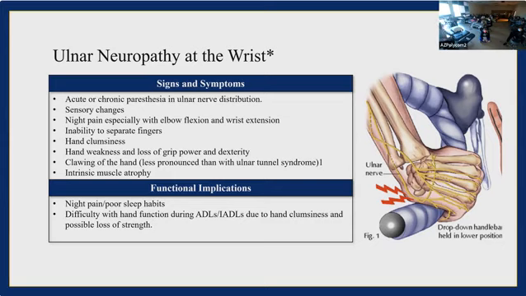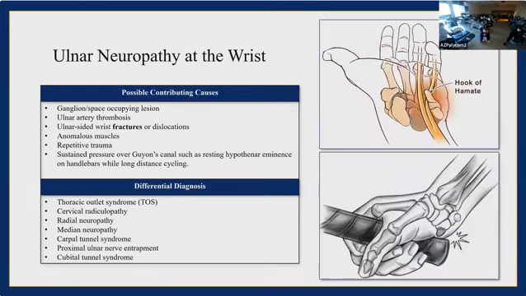It's the same symptoms you would expect with cubital tunnel syndrome. A lot of these slides are word for word what cubital tunnel syndrome slides were. You can get claw hand deformity, you can get all the things that you would expect with ulnar nerve symptoms, right? The possible contributing causes, I mentioned ulnar-sided wrist fractures, which includes pisiform, which includes hook of hamate, but you can also have a ganglion cyst.